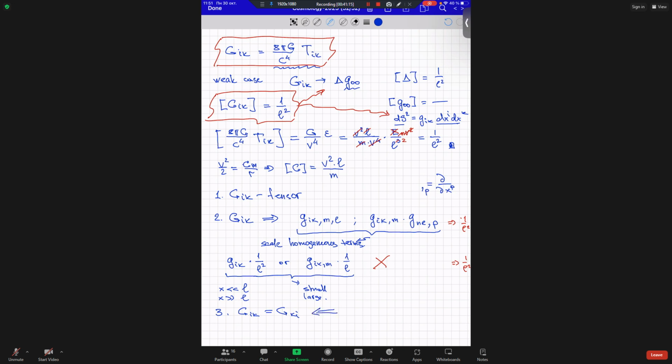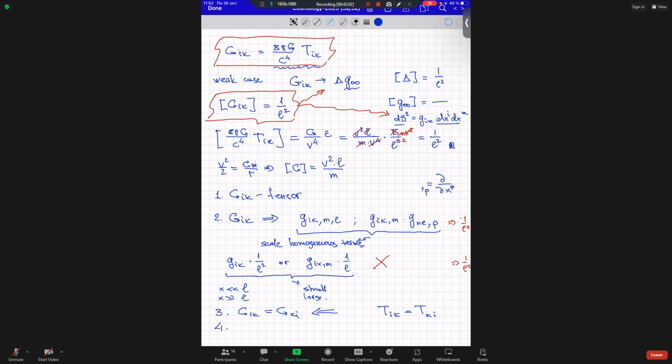Because on the right side we have the energy momentum tensor, and the property of the energy momentum tensor is that this tensor is symmetric. Sorry, I didn't have time to pay much attention to the energy momentum tensor, but we will use it in the future for the model of the universe. We don't have a lot of time in our course to consider everything, but this is a property of the energy momentum tensor. And since it's symmetric, this tensor also should be symmetric.